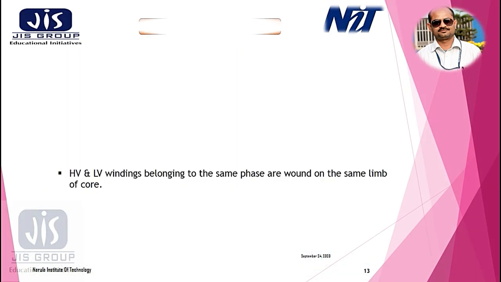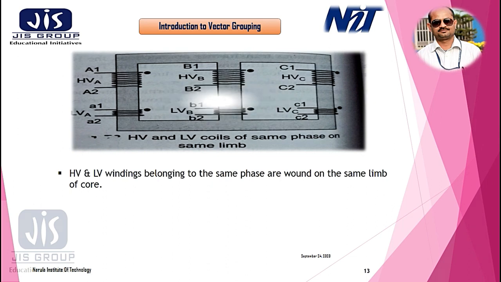So up to this we have discussed. So now look, this is a 3-phase single unit transformer. Now look, this is A phase, this is B phase, this is C phase, because we are discussing the three-phase transformer.